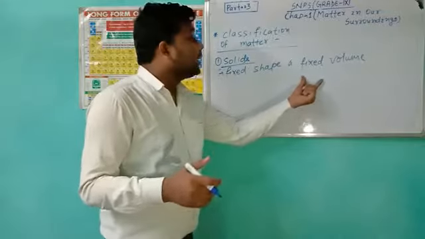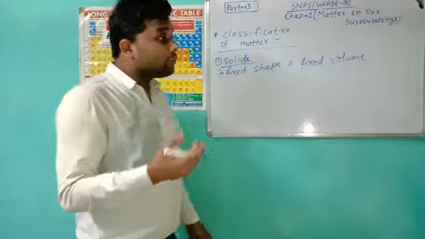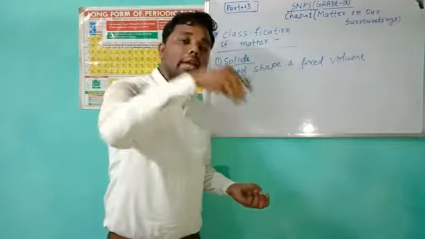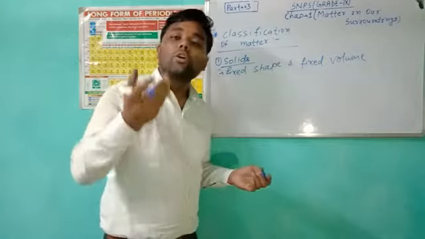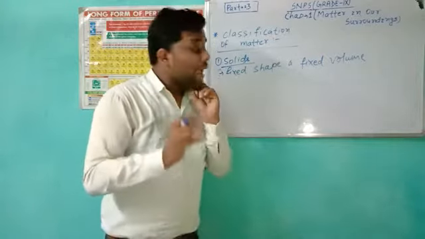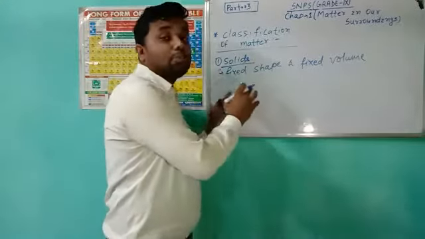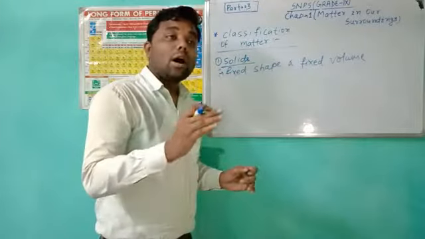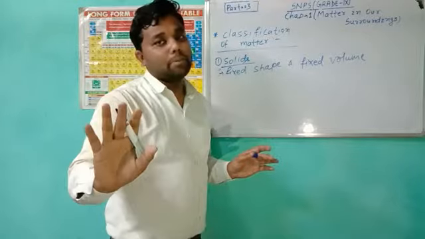Next, it has a fixed volume. If we put some ice cubes in a glass, their shape does not change. The most important thing is that both the shape and the volume are unchangeable in solids until we raise the temperature.